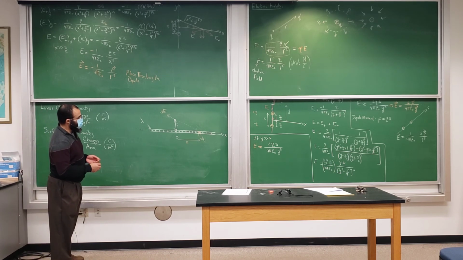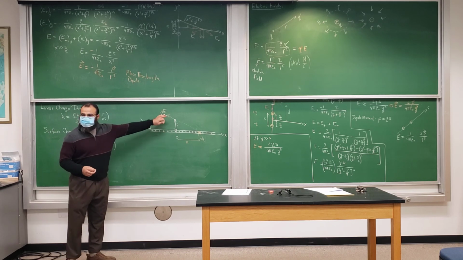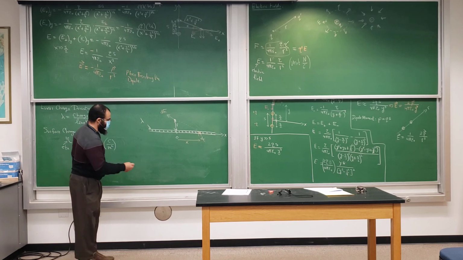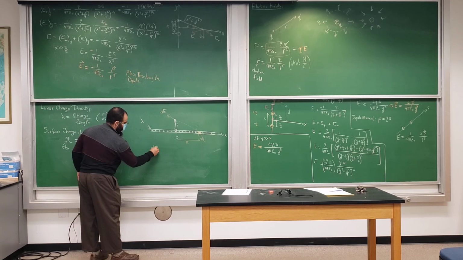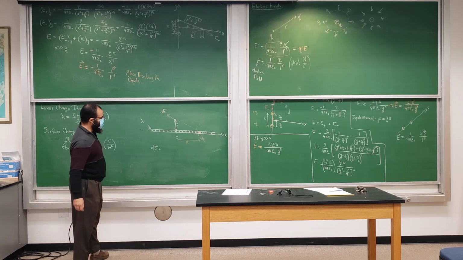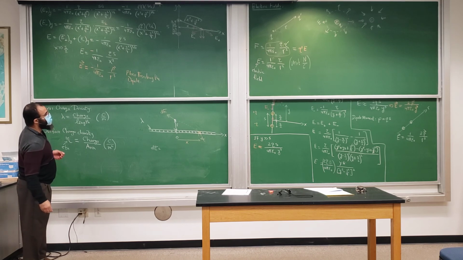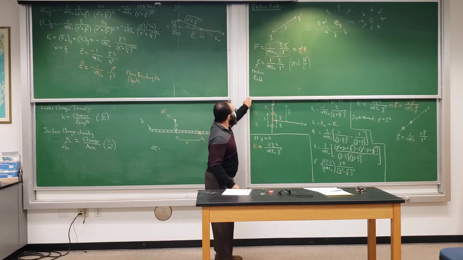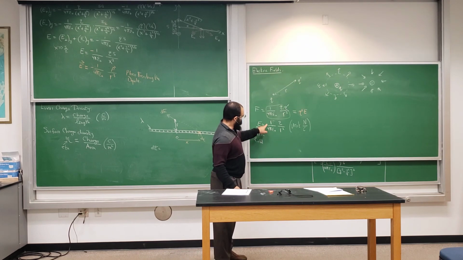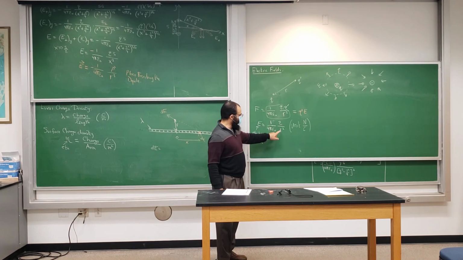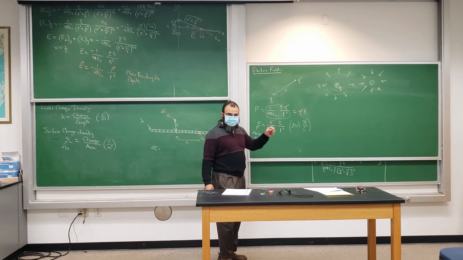So let me write down how much is the electric field there due to this little charge. So dE will be the electric field formula: 1 over 4 pi epsilon naught times the charge divided by the distance from the charge squared. Now the charge, I don't have a total Q. I have a small amount of charge, so I'm going to call it dQ.